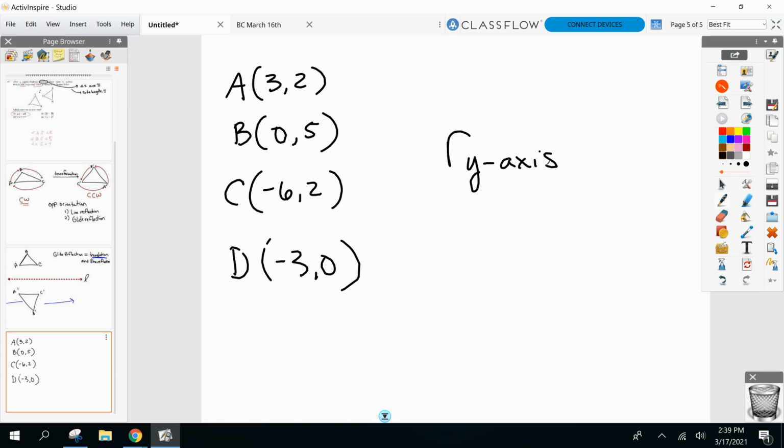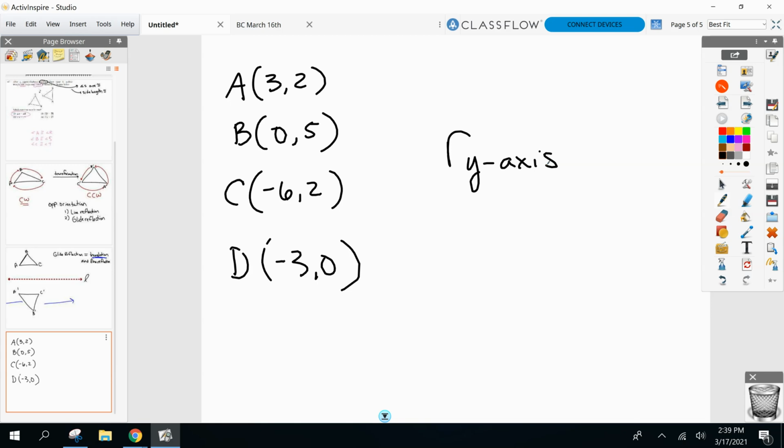D. Where's (-3, 0) located? Oh, sorry, B. Right, (-3, 0) is on the x-axis, so it would move. B, yes, B is located on the y-axis, so B would not move.